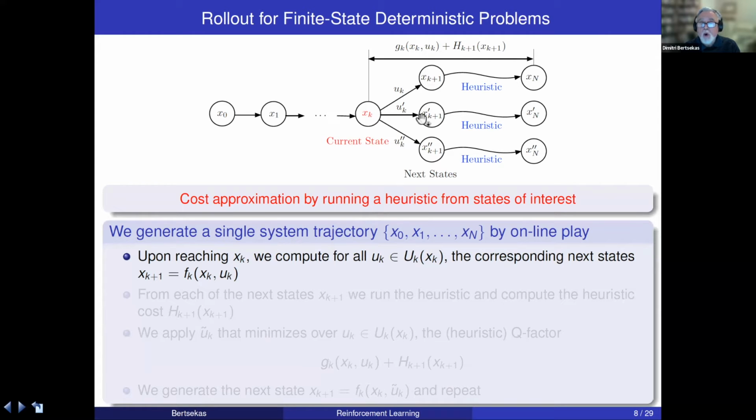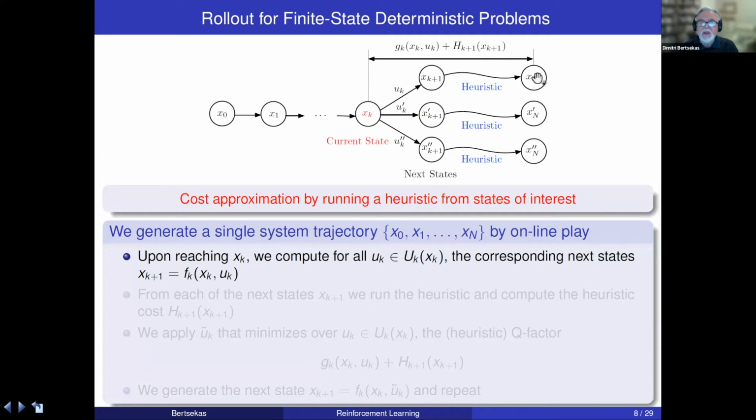It generates all possible controls at that state, and from each one of those, it runs a heuristic. We don't care what the heuristic is for the moment. It just generates a trajectory from xk plus 1 to xn, and also has a cost associated with it, the cost of the transitions that it produces.